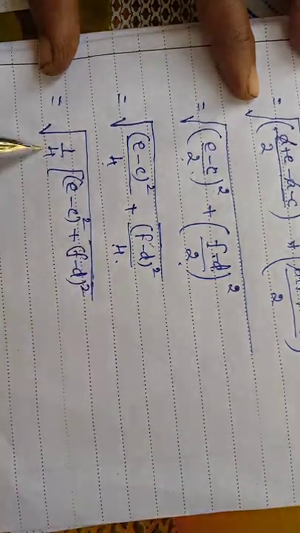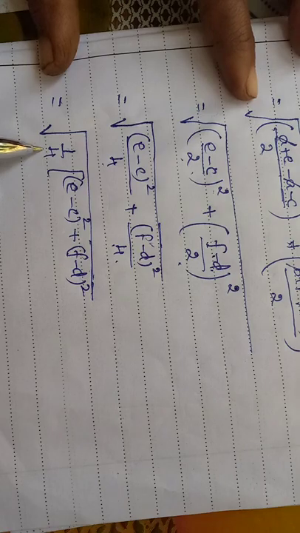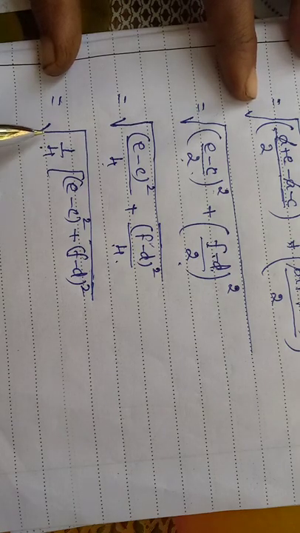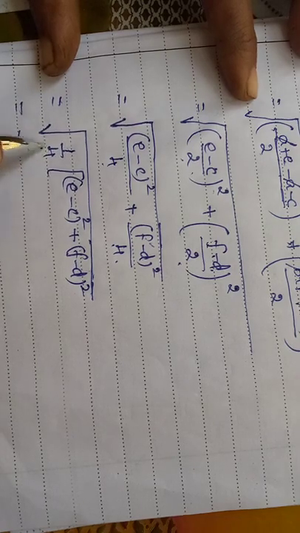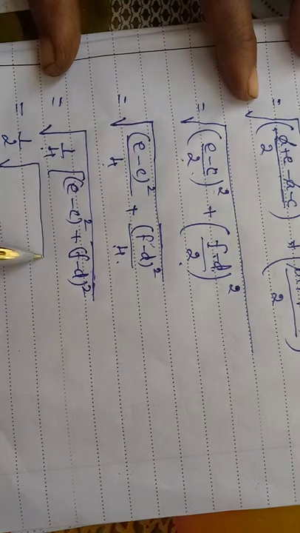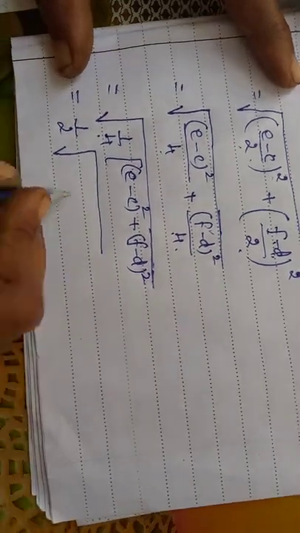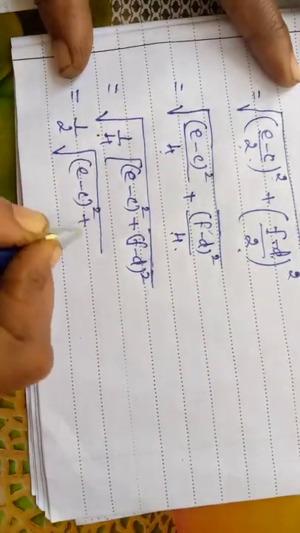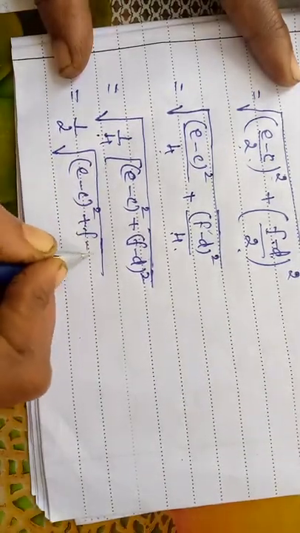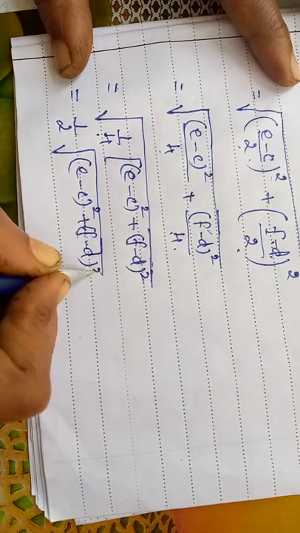What is the value of square root of 1 by 4? We know that square root of 4 is 2, is it? In the same way, square root of 1 by 4 is 1 by 2. Okay, so square root of 1 by 4 is 1 by 2 into square root of E minus C the whole square plus F minus D the whole square.